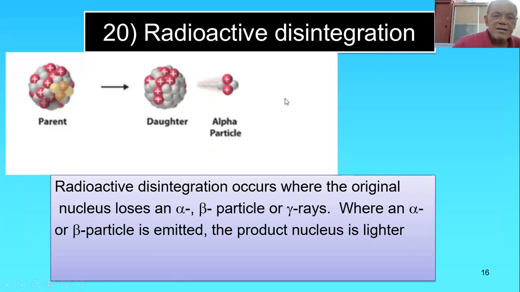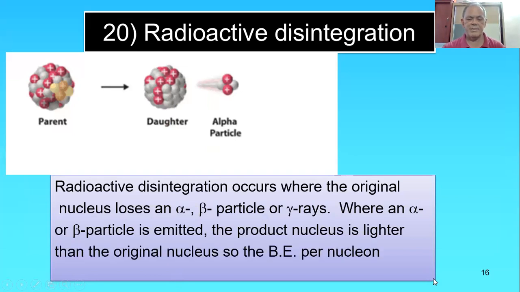When the alpha or beta is emitted, the product nucleus is lighter than the parent. So if you look at binding energy, binding energy per nucleon will increase compared to the parent.